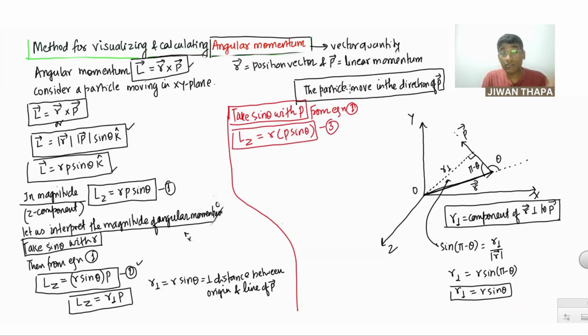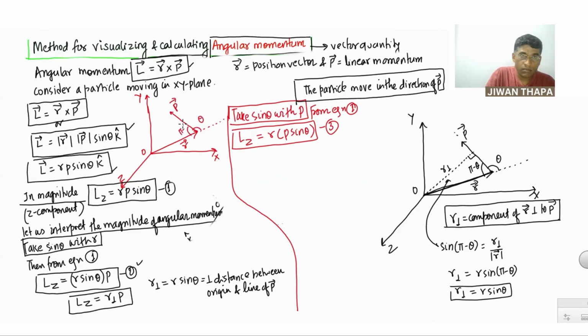Now let us understand equation 3. So I'm drawing over here. This is y and z is directed outward. So this is the same diagram. This angle is theta and this angle is pi minus theta.